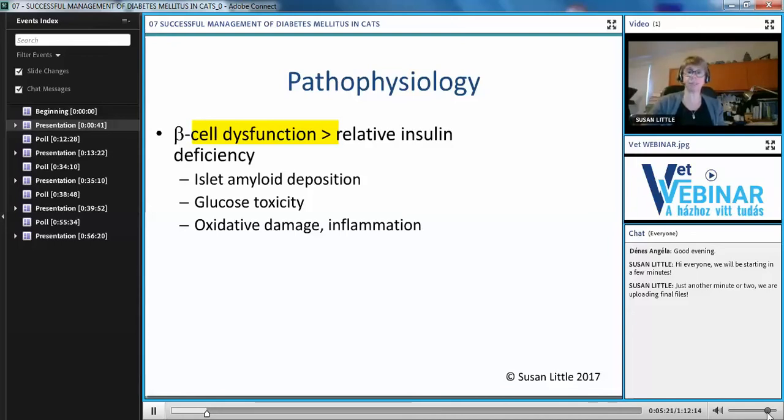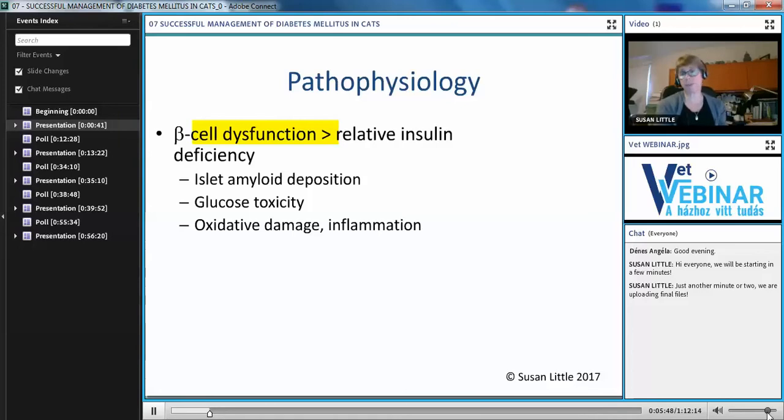There's any number of reasons why these diabetic patients develop this relative insulin deficiency. It's certainly related to obesity. It may also be related to increasing deposition of amyloid, an acute phase protein that gets laid down in the pancreas over time. We see this amyloid deposition in older cats even if they don't have diabetes mellitus.